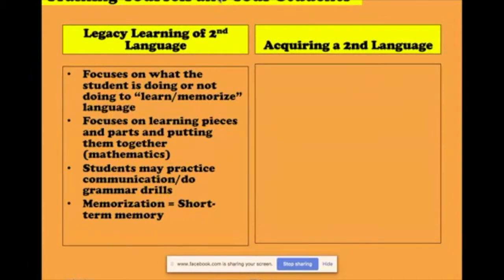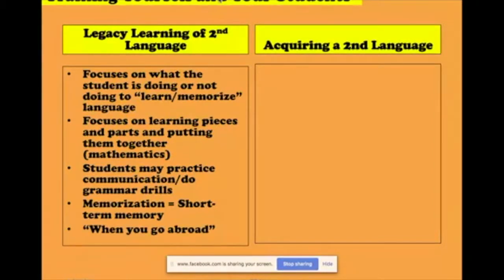Oftentimes, memorization equals short-term memory. This was always a struggle for me when I was teaching in a different way: my students would get an A+ on every vocabulary quiz, and when I asked them a week or 2 later for those words, they could not say them, they could not use them, they could not remember them.